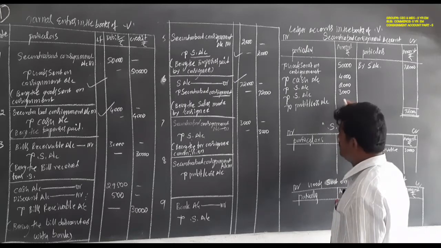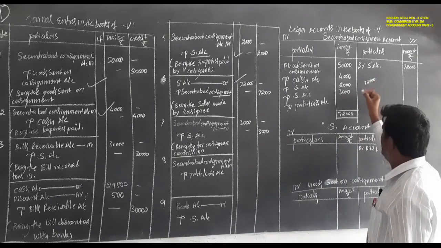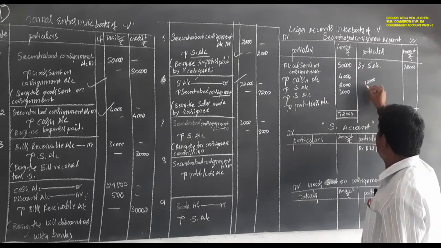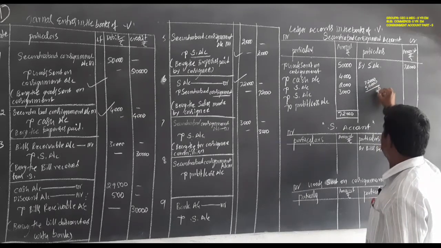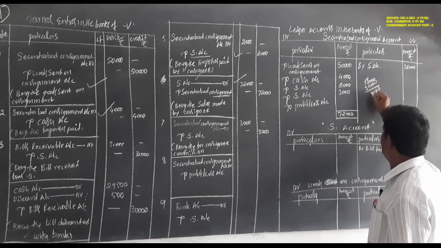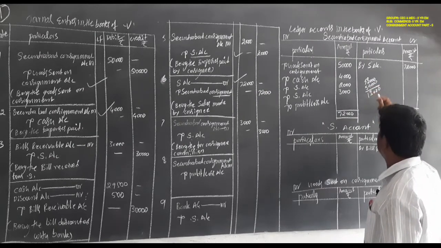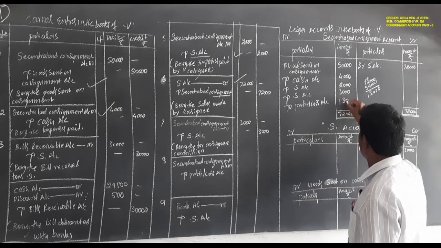Amount is 72,000 minus 59,000. The difference is 13,000 rupees, which is profit.